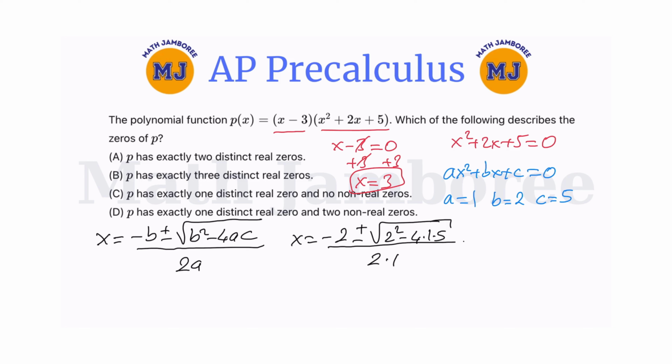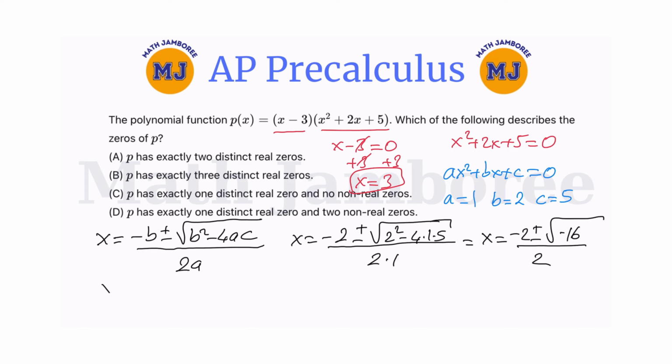If we simplify this, x equals negative 2 plus or minus, inside of the square root, 2 squared is 4, 4 minus 4 times 1 times 5, which is 20. So 4 minus 20 gives us negative 16, over 2.